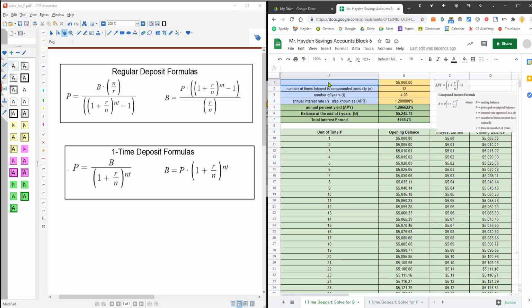I guess let's do deposit B. Actually, we start off with P. There we go.